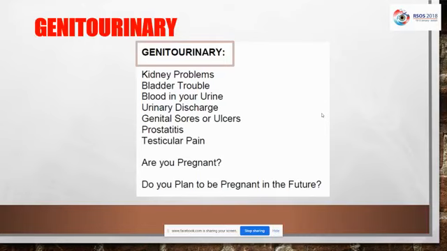Also, in female patients, you need to clarify whether the patient is pregnant or not, or if she is planning to be pregnant in the future. So this is very important in your management. You will be restricted if the patient is pregnant, as certain drugs have precautions during pregnancy, so you will not be able to put them in your plan of management for those patients.